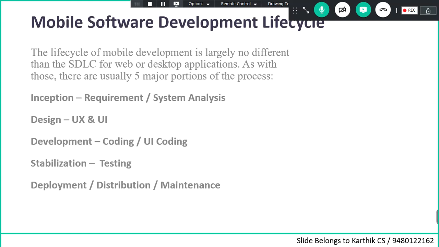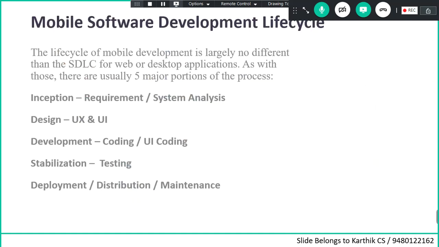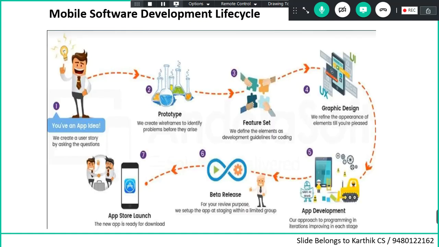In your regular SDLC there is a requirement collection phase. Requirement collection is nothing but the inception phase. Before going into that in depth, we'll see how mobile software will be developed.